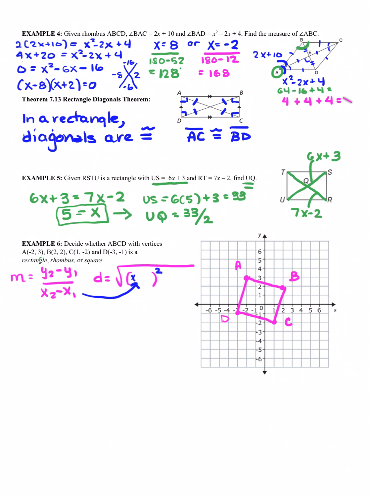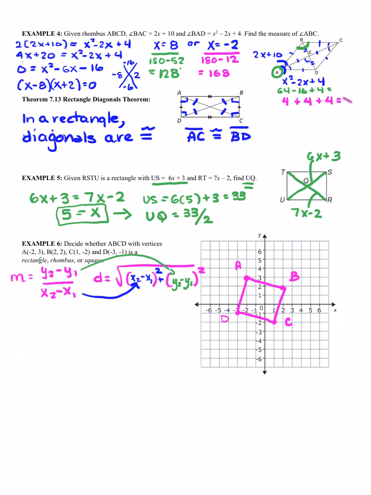So this would be x2 minus x1 plus, and over here, we would have y2 minus y1. So notice when you calculate your slope, you're also calculating the numbers you would use in your distance formula. So you don't have to do the same calculations twice.